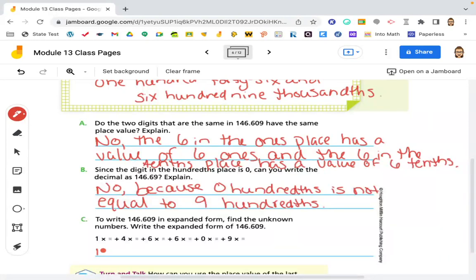So we're going to do 1 times 100 plus 4 times 10 plus 6 times 1 plus 6 times 1/10 plus 0 times 1/100 plus 9 times 1/1000. You're just looking at the value of each place and multiplying it by the digit that's there.